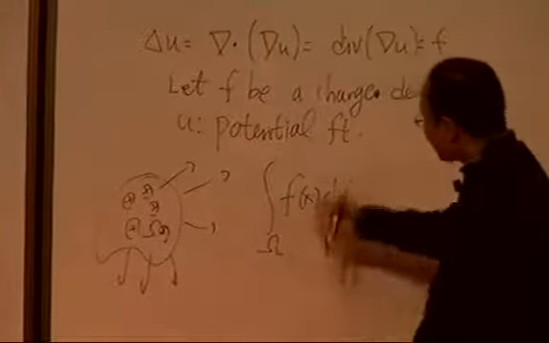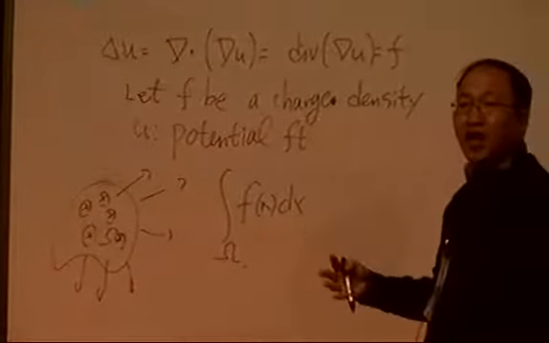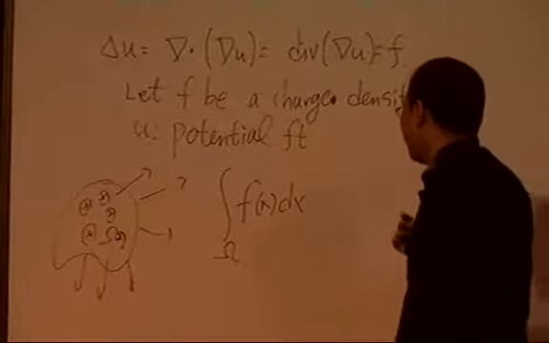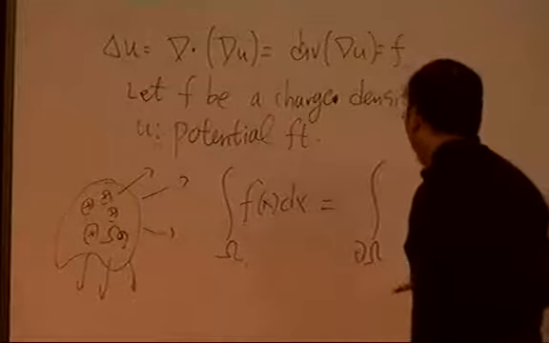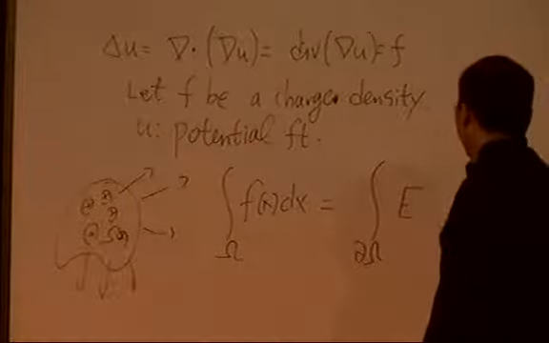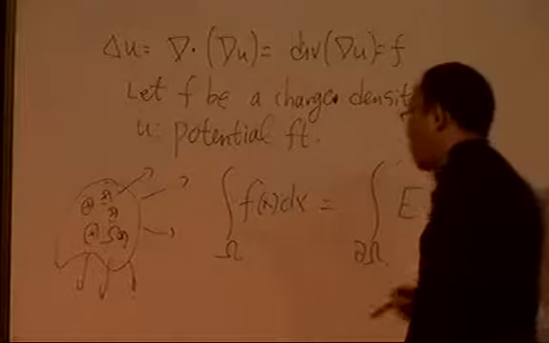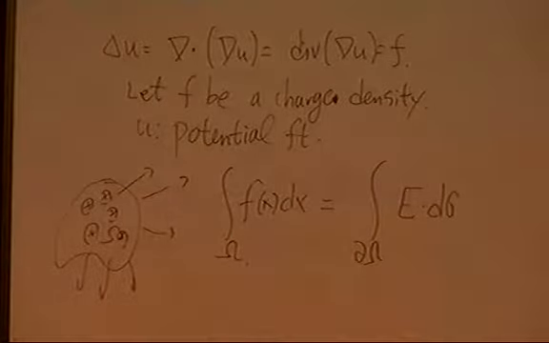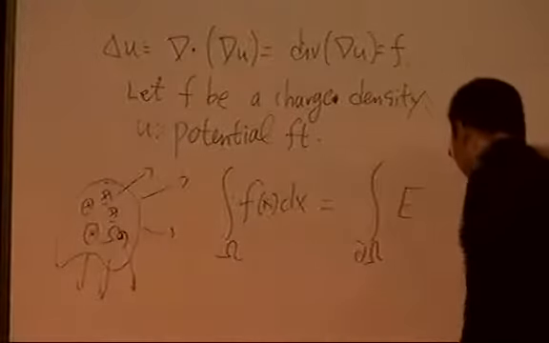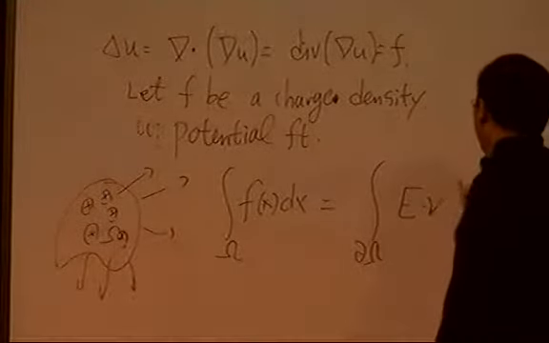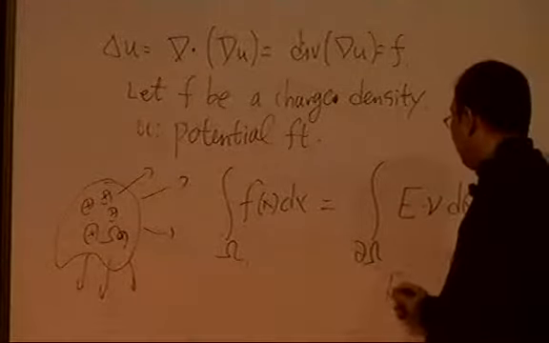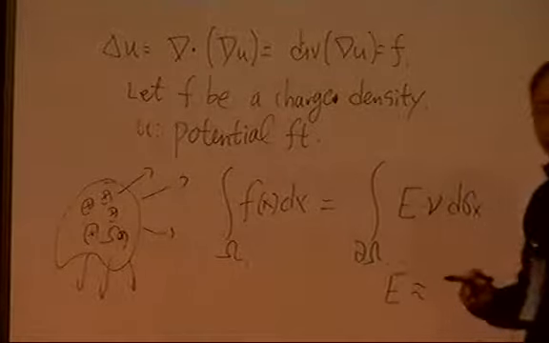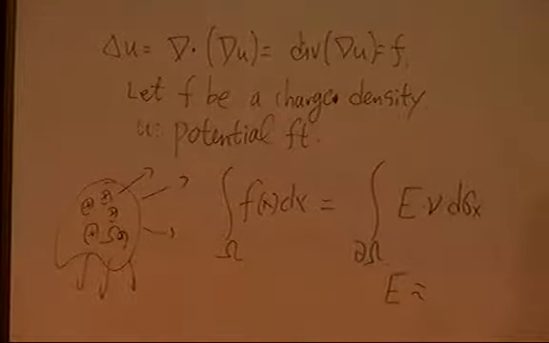So basically, the total charge will create electric flux, and that will be balanced with the electric field going out of the domain. One way to look at this electric field is as the gradient field of the potential function.